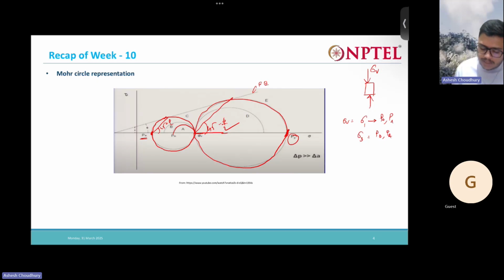In case of the passive pressure, as the passive pressure is higher, the sigma V is nothing but my sigma 3, and my passive pressure is nothing but my sigma 1. That is the major principal stress, and this is my minor principal stress.